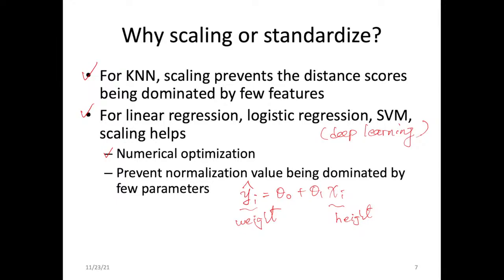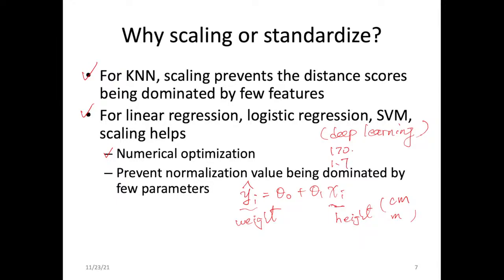Then conceptually, if you use centimeter here or use meter here, this shouldn't influence your result, right? Because if someone is 170 centimeters, that means he or she is 1.7 meters.